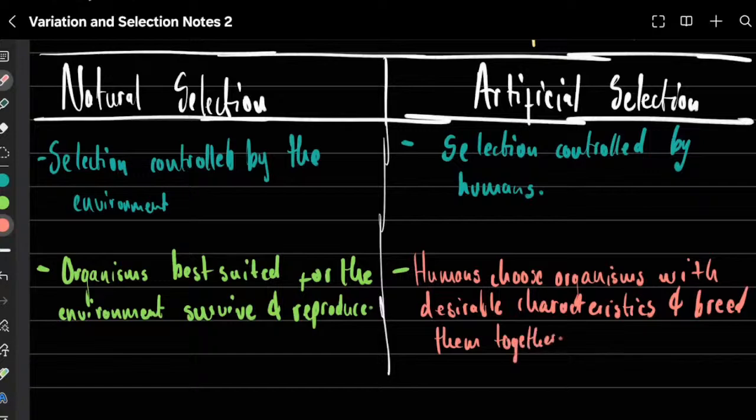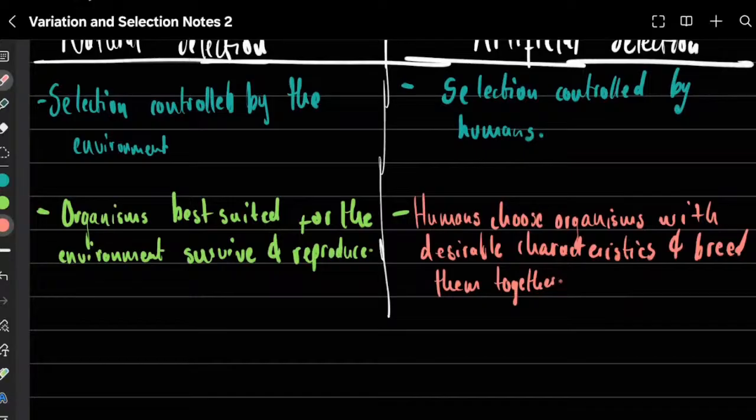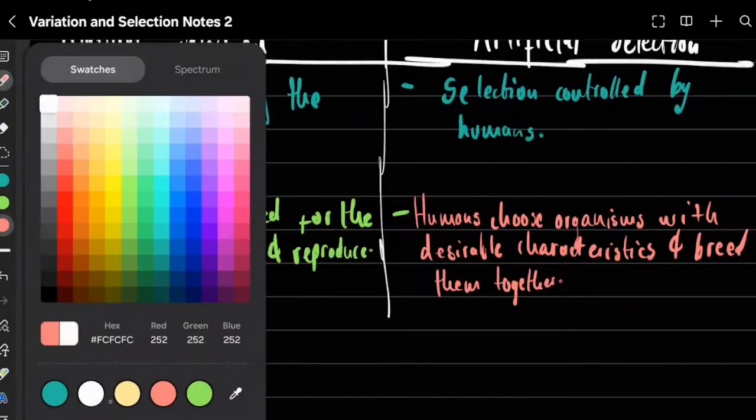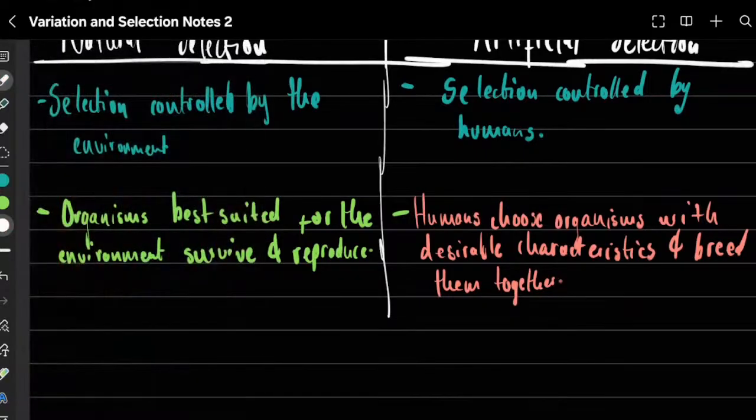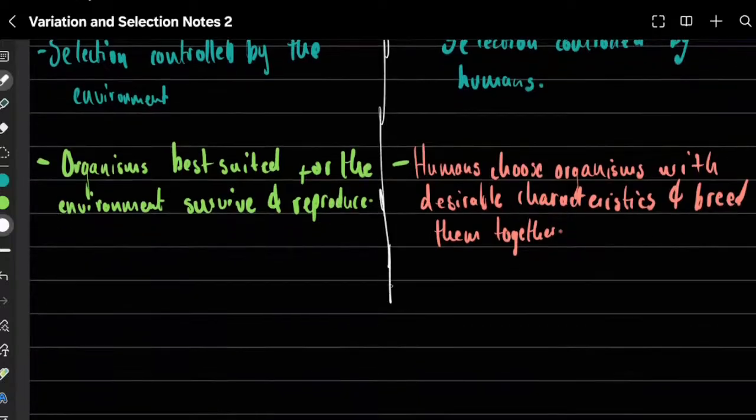Keywords here. Let me make sure that it's coming out on YouTube nicely here.